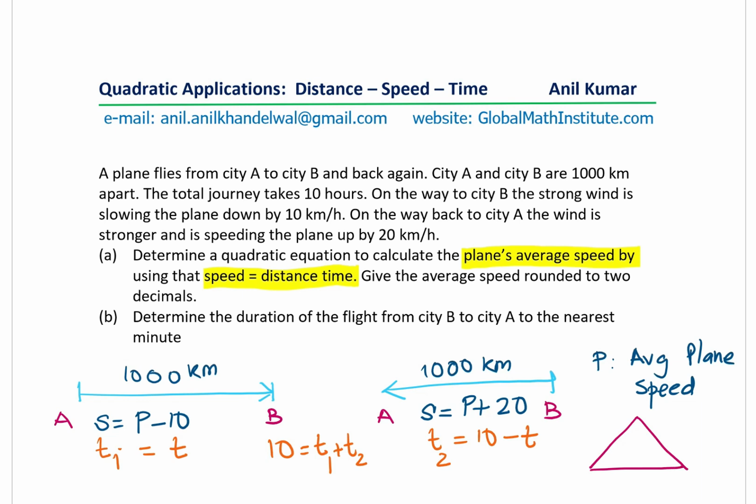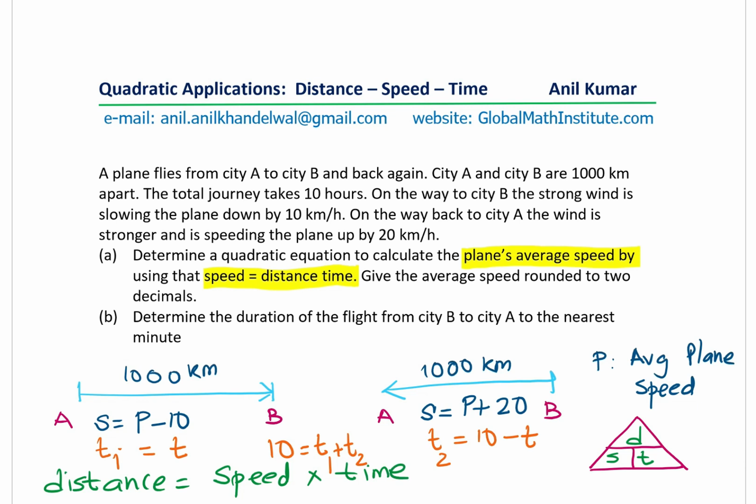I just copied the question from there. So here it is. And we will say that the distance is actually the product of speed and time. Is that clear to you? Right. So that is the relation. So we are saying distance is speed times time.